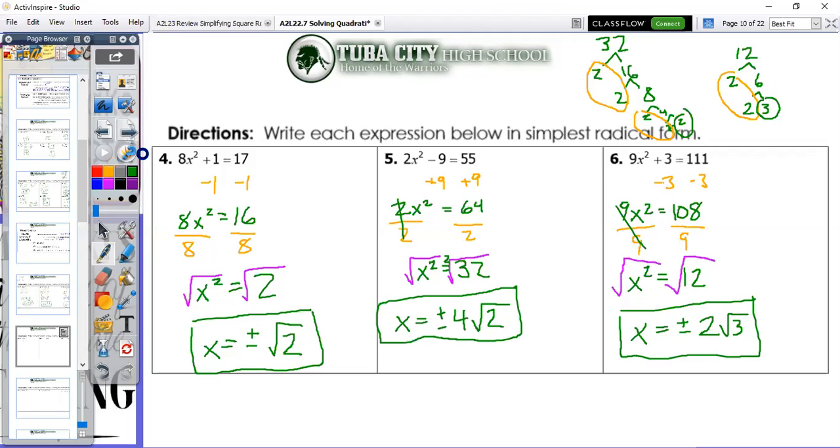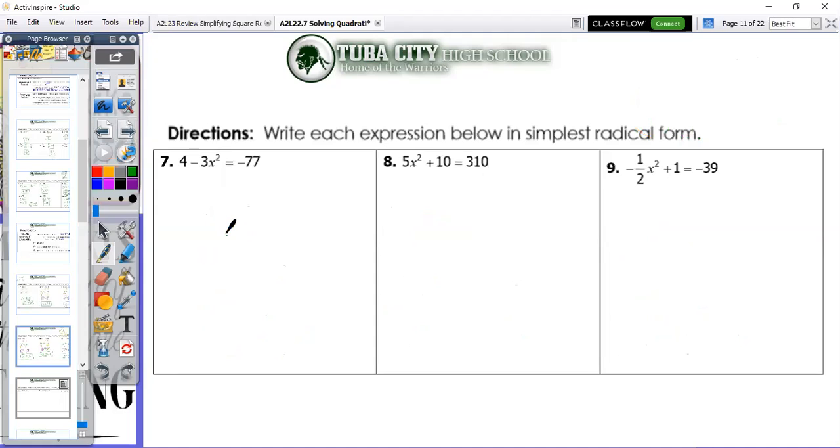Moving on. Okay. Write each expression below in simplest radical form. So same thing. Actually, if you look in the packet, it's all on the same page, so oh well.